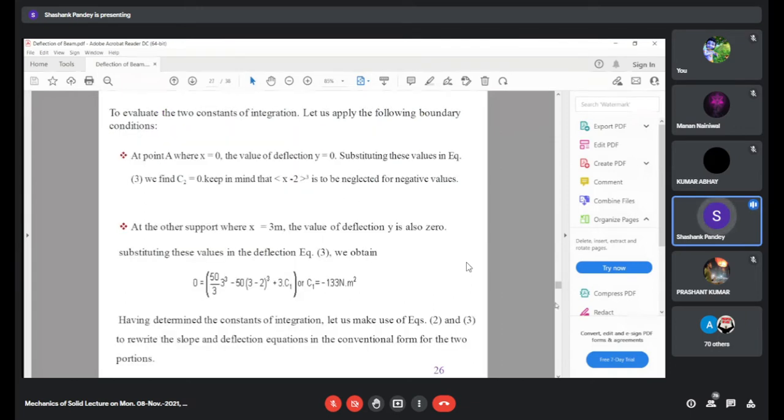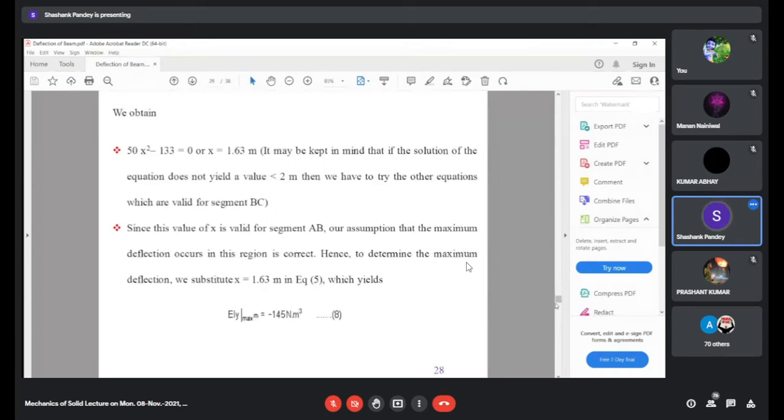Once you determine x, it will come out to be x equal to 1.63 meters.